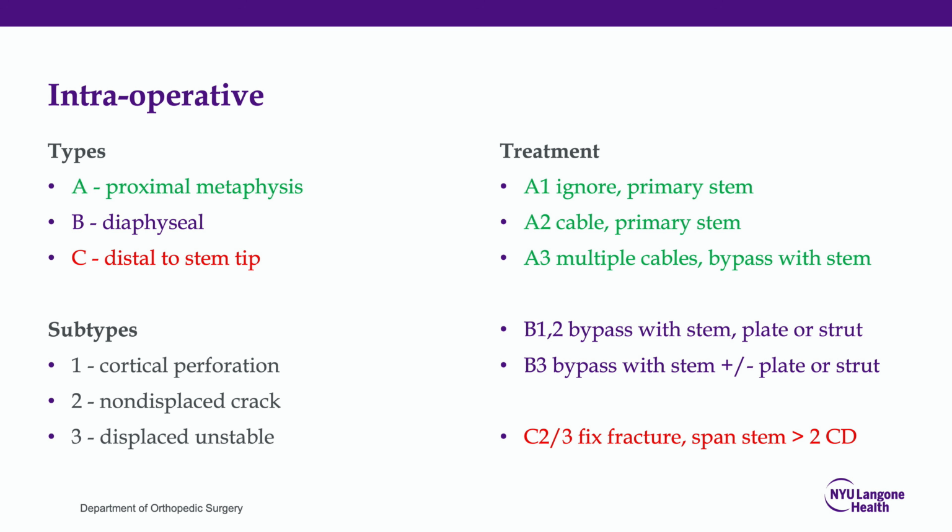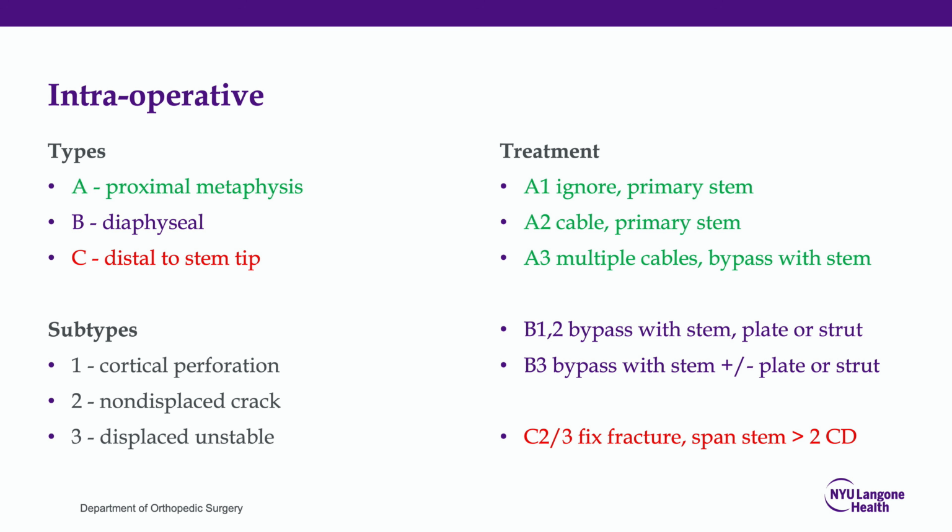So for your type A1 fractures, which are proximal metaphyseal perforations, you can really just ignore them. This often can be an anterior approach issue if you didn't have the proper starting point, but as long as you redirect and bypass these with the primary stem, you don't really need to do anything because there's not really a fracture.